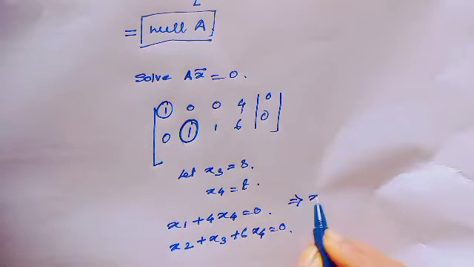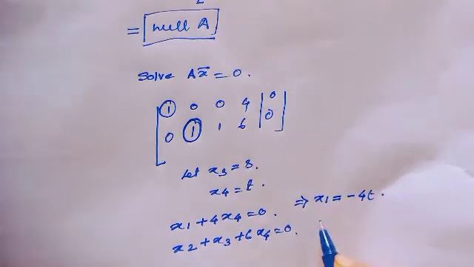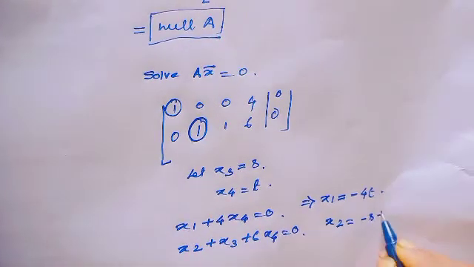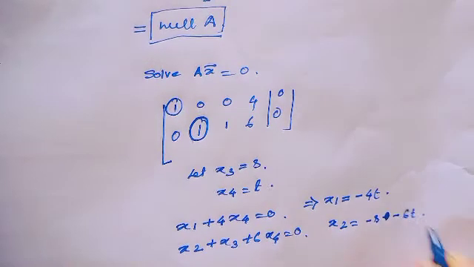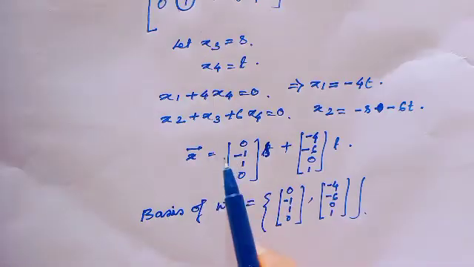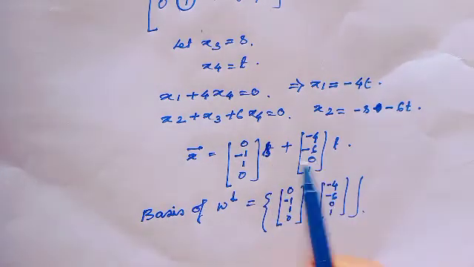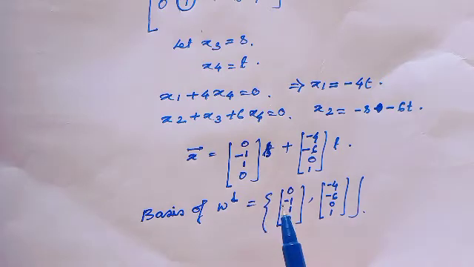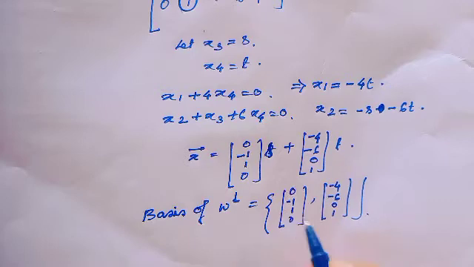That means x1 equals -4t and x2 equals -s - 6t. Are you getting? Therefore x is a combination of these two vectors, so the basis of W perp contains these two vectors.